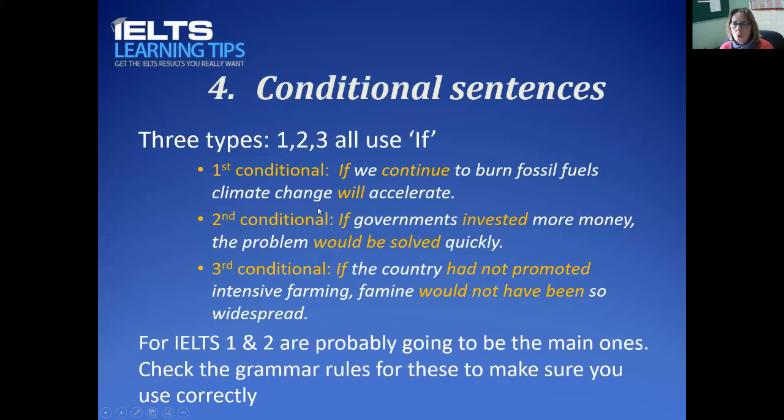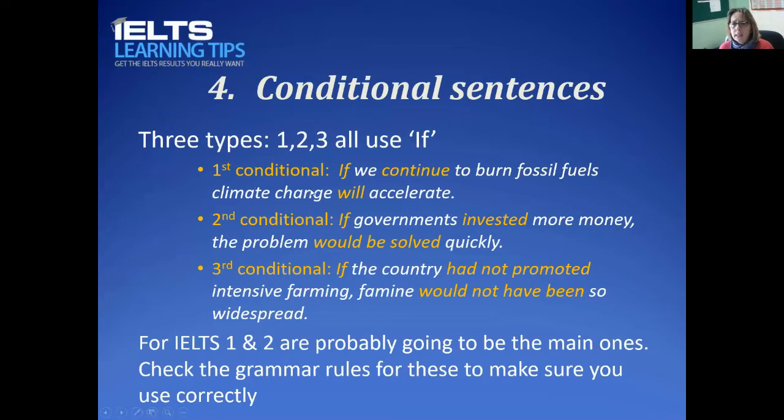And if you saw my video a couple of weeks ago about the books that you need for IELTS preparation, you'll see that one of the things I suggested you ought to have is access to a grammar resource. And if you look up conditional sentences in your grammar book or your online grammar resource, you'll find information about how to construct the sentences and how they are used.